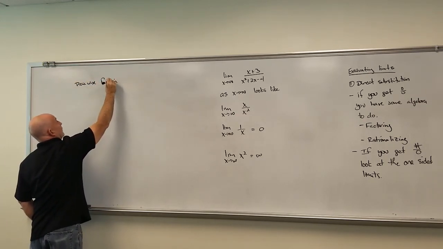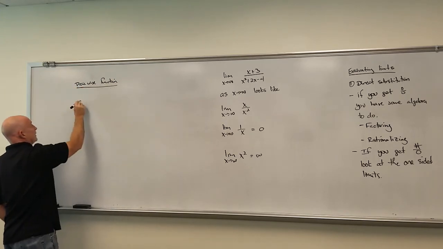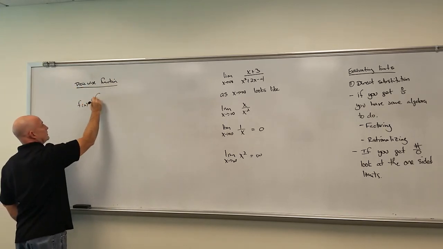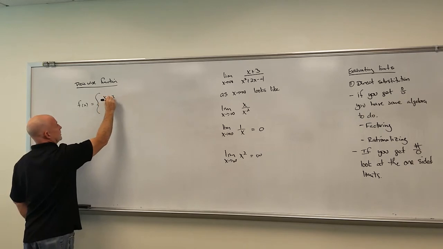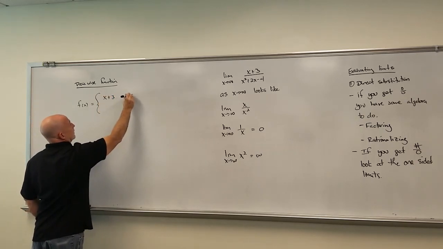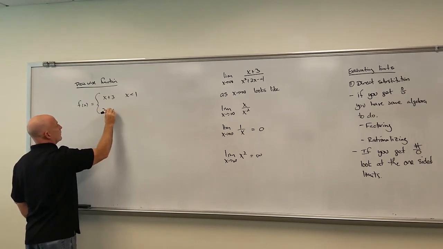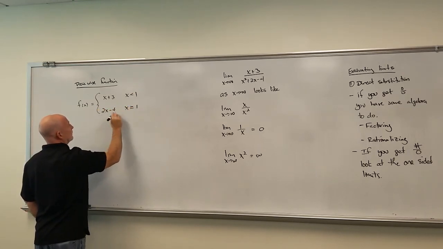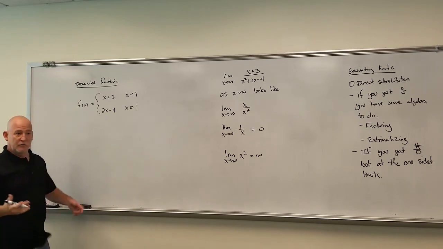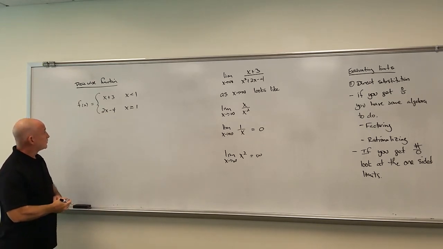Remember, piecewise functions are functions that have several different definitions depending on what piece you're going to use. So this is the definition of a piecewise function, or just a random piecewise function.